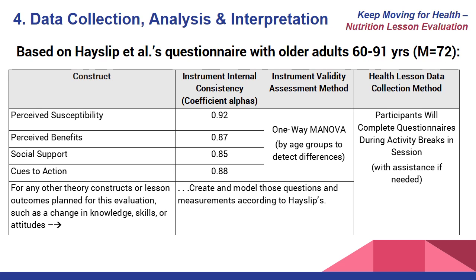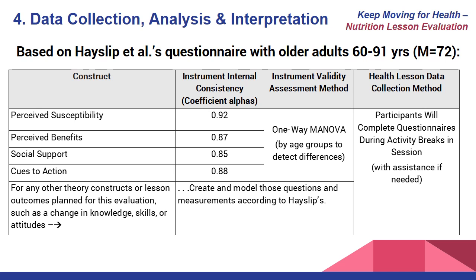With regards to that, the data collection would also be, like I said before, a questionnaire that the participants would do during the lesson, during an activity break. So about 4 activity breaks, one per construct.